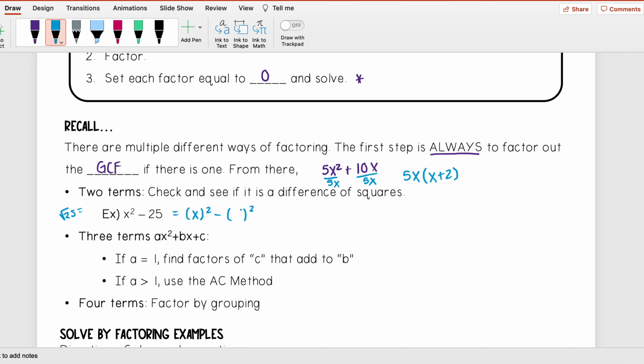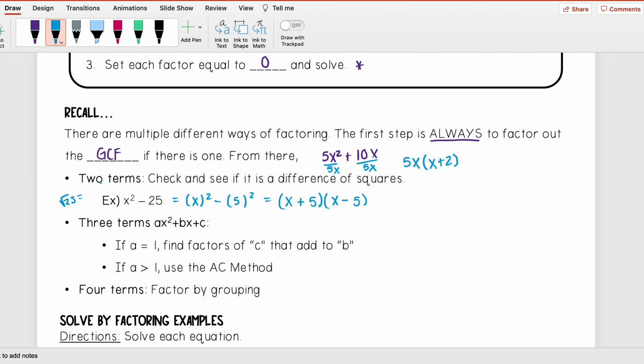You can put that in your calculator, and that's going to equal 5. And then our pattern for difference of squares: I'm just going to put my x and 5 in here, and then one's going to have a plus and the other's going to have a minus. So it's the same thing in both parentheses, except one has a plus and the other's a minus.